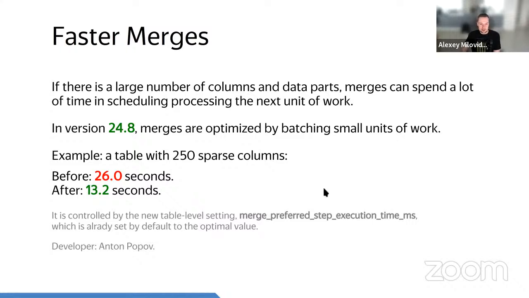In the new version 24.8, it was optimized by batching. Classical optimization, absolutely trivial, and the outcome is that in many cases it is 2 times faster, from 26 seconds to 13 seconds. It is pretty nice.